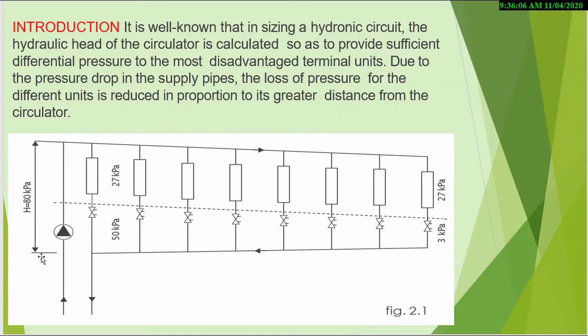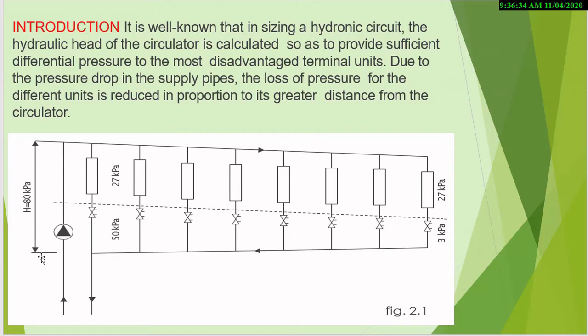In this situation, the differential pressure across the terminal units is between 0 and 50 kilopascal, depending on their distance from the pump. To compensate for the imbalance, it is sufficient to insert valves that can absorb such difference, which is balancing valves.